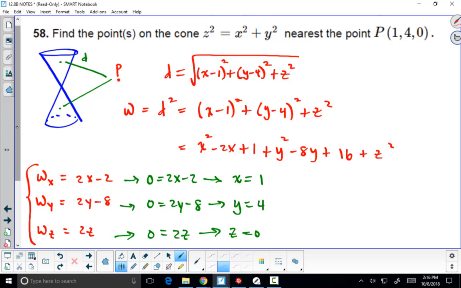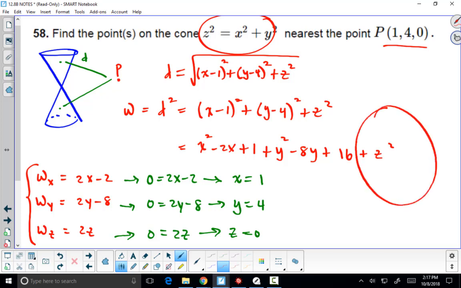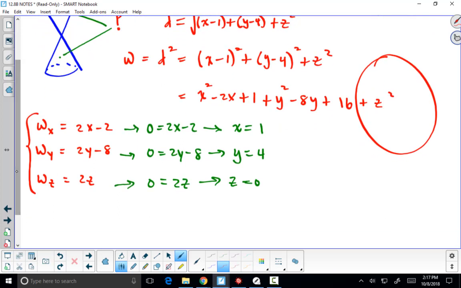So we have to plug the cone in. Plug it in for z squared.